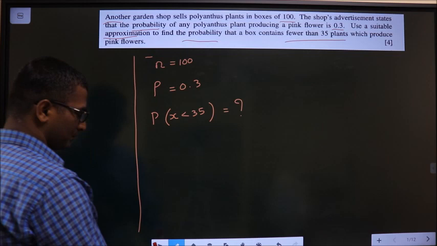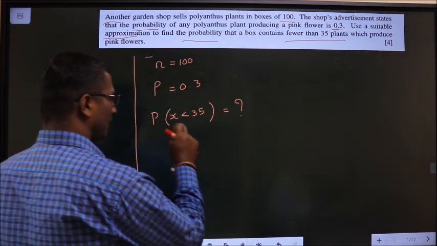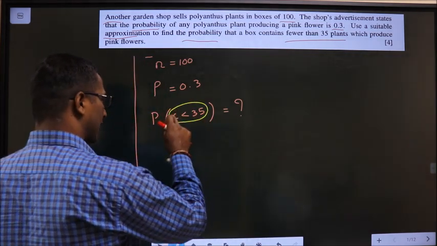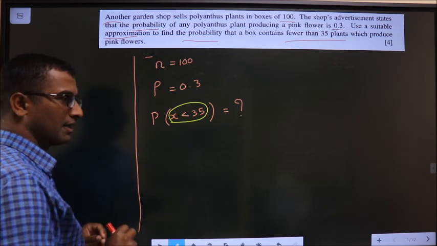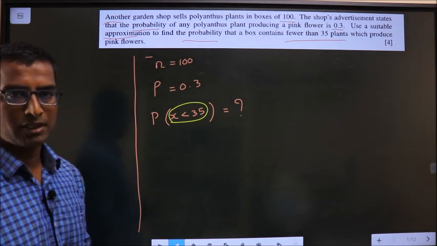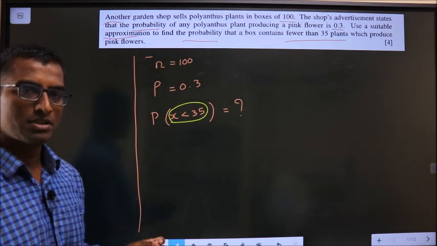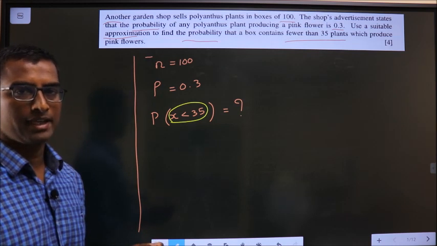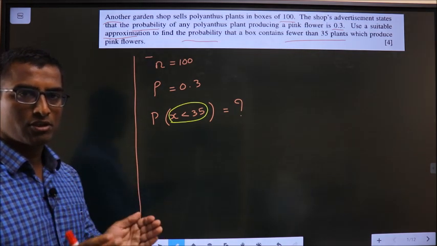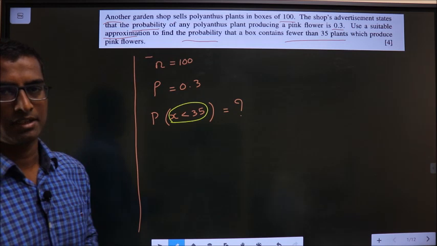Now see here, the value of x is less than 35. Can I make use of binomial distribution? No, because I will get many r values. So definitely you should go for normal distribution.